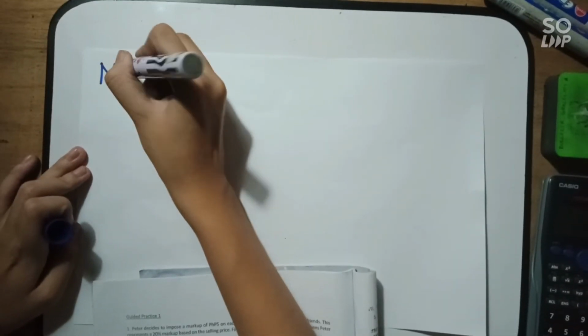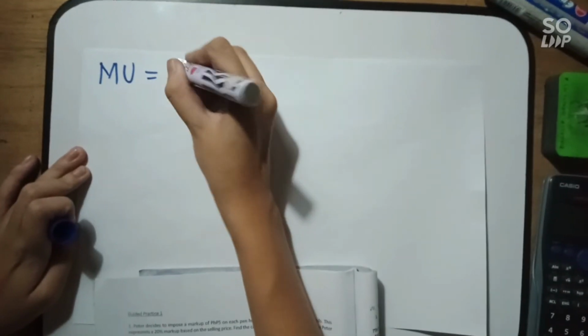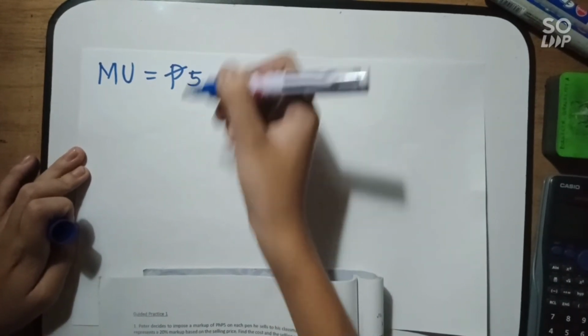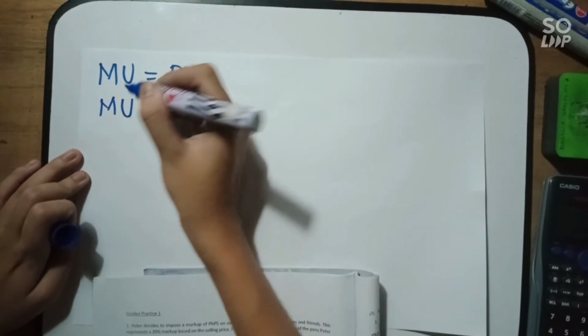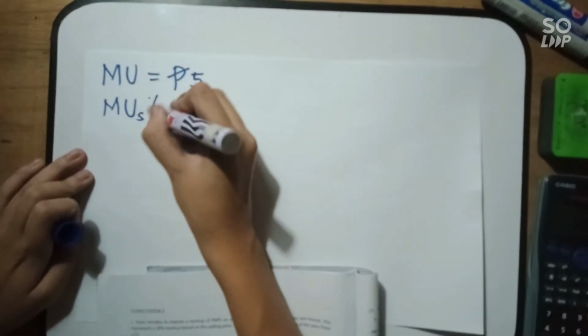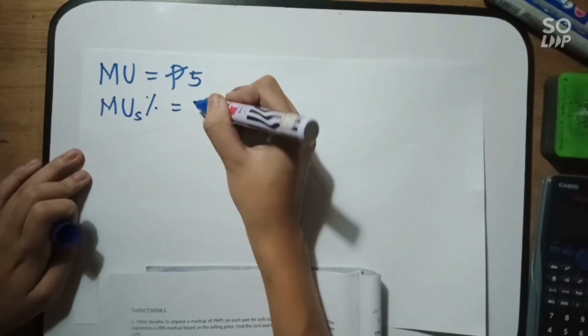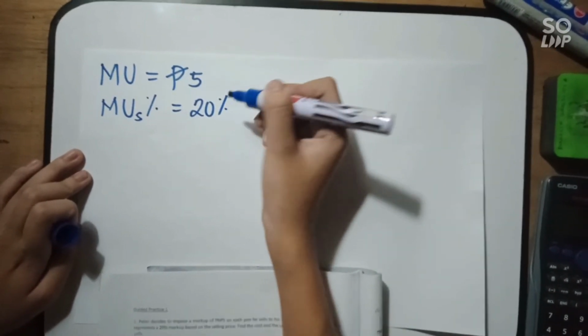So for this situation, the given values are the imposed markup, a markup of 5 pesos, and the rate of the markup based on the selling price, which is 20%.